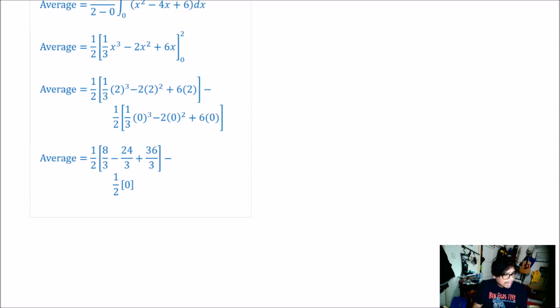And then we have, what is this? 8 minus 24, which is negative 16, plus 36, 20. And then half of 20 over 3 is 10 over 3. Minus another half is just 10 over 3.